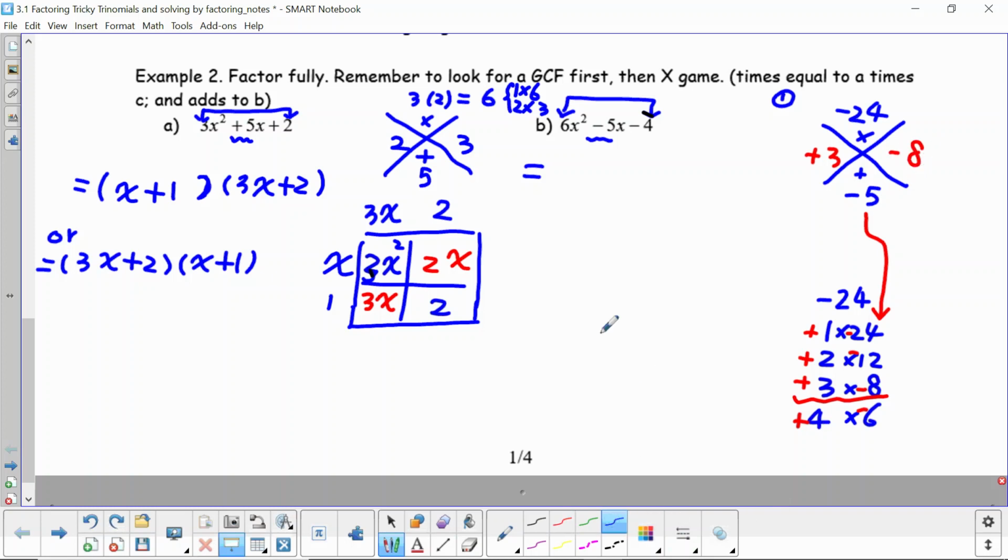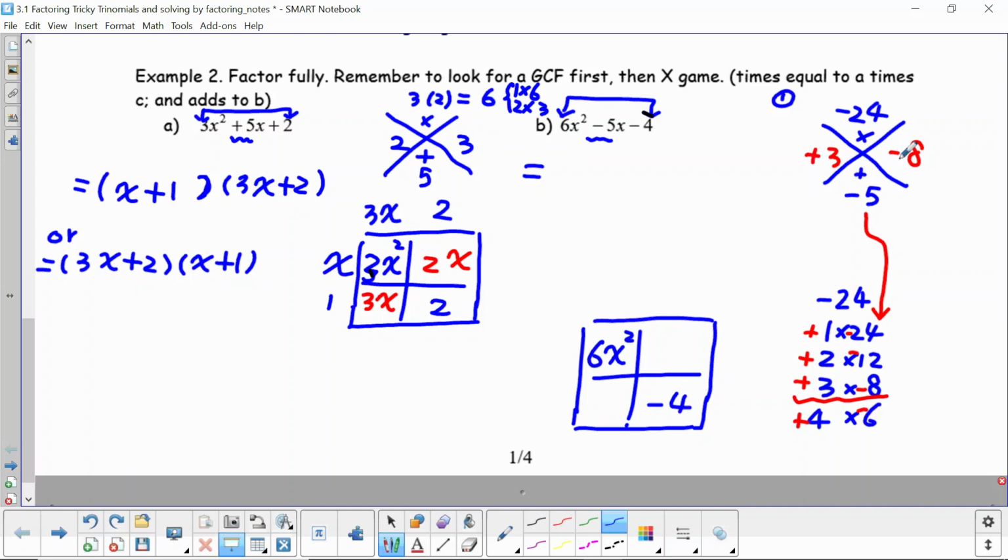Then we are going to use a box. The reason is if we put the numbers inside the bracket right away, then you have 3 times -8, which is not the last term, -4, so it doesn't work. The first term goes into the first cell, 6x squared. The last term goes into the last cell.